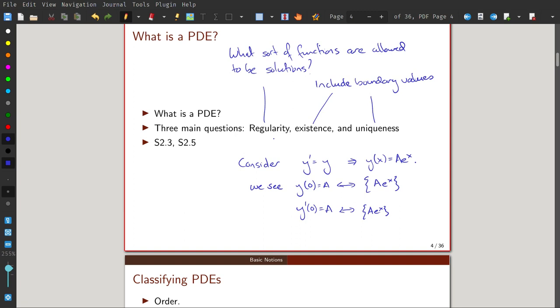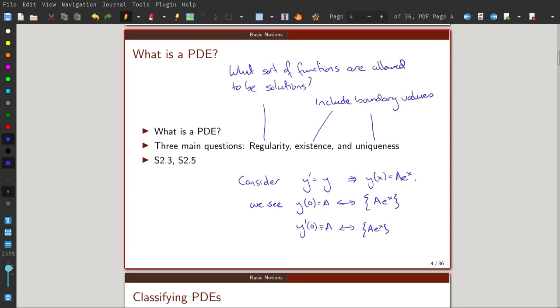Does it actually turn out that those solutions are more regular, have more derivatives, or are better behaved functions than we assumed at the start? And so for Laplace's equation, this is the case, that the only twice continuously differentiable solutions to Laplace's equation are in fact smooth functions or analytic functions. So the regularity was better than we assumed at the start. So regularity sort of comes at the beginning and at the end, with existence and uniqueness in between.